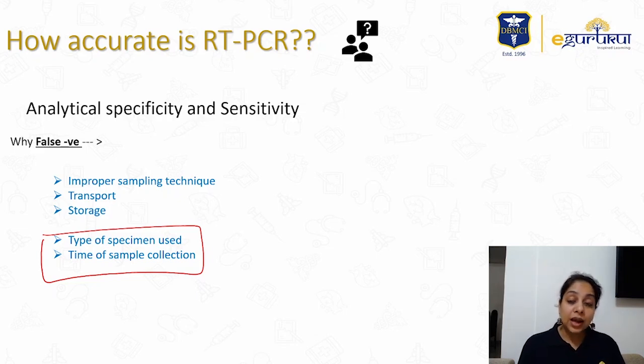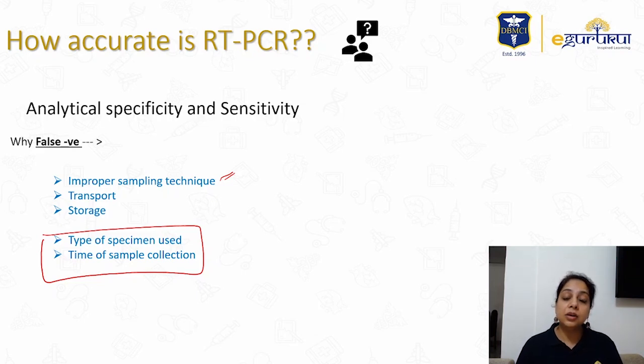Okay, and the time of sample collection. And the false negatives usually come from sampling techniques. So laboratory technicians who are collecting the samples should be very well trained in how to collect the samples. The transport should be very accurate, depending upon the storage conditions in which the sample has been stored and taken to the facility until they are ready for the testing.